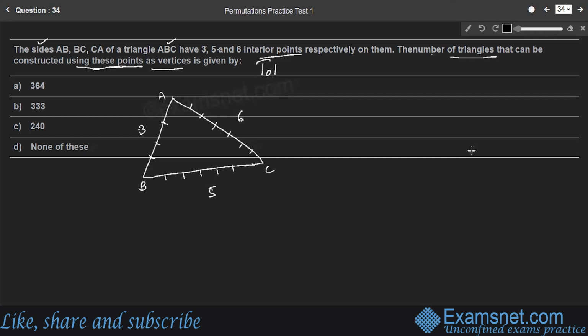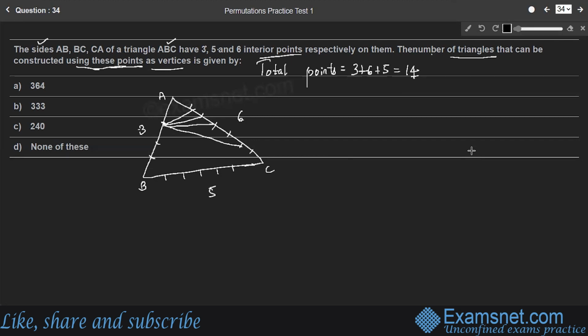So totally there are 14 points. Right? Total points are 3 plus 6 plus 5. There are 14 points. So using these points, you have to form triangles. How many triangles can be formed? For example, consider 2 points from one line and another point on another line.